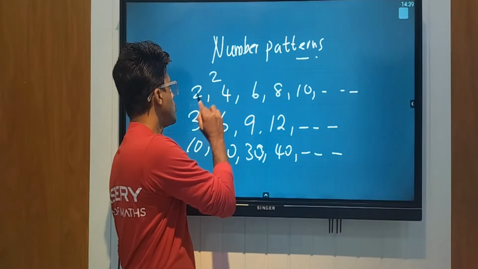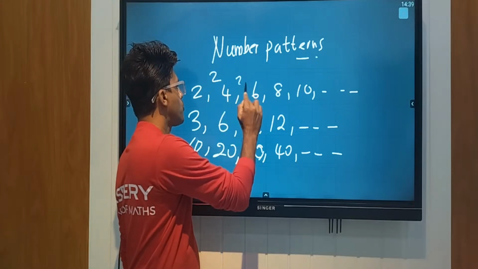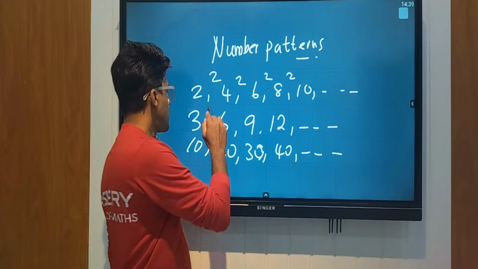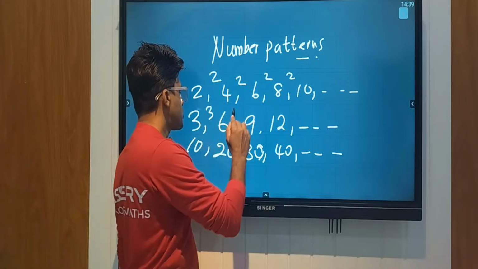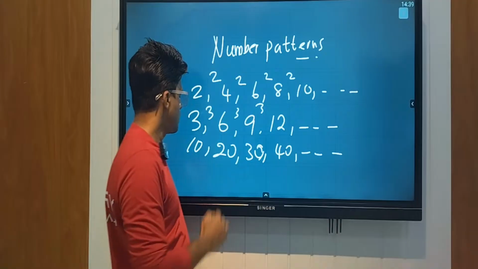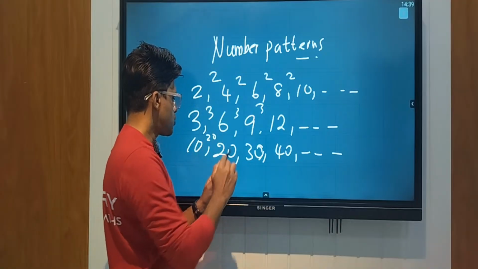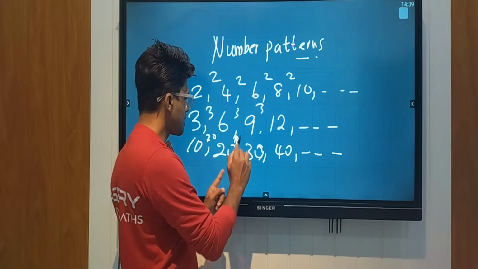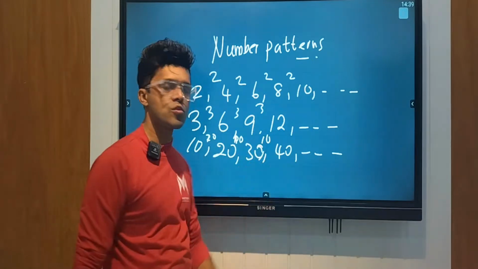When you add 2 to this 2, 2 plus 2 is 4, 4 plus 2 is 6, 6 plus 2 is 8, 8 plus 2 is 10. Here, 3 plus 3 is 6, 6 plus 3 is 9, 9 plus 3 is 12. Then here, 10 plus 10 is 20, 20 plus 10 is 30, 30 plus 10 is 40, and so on.